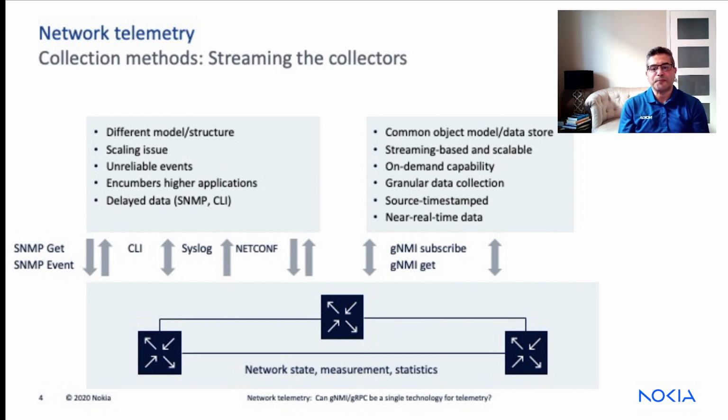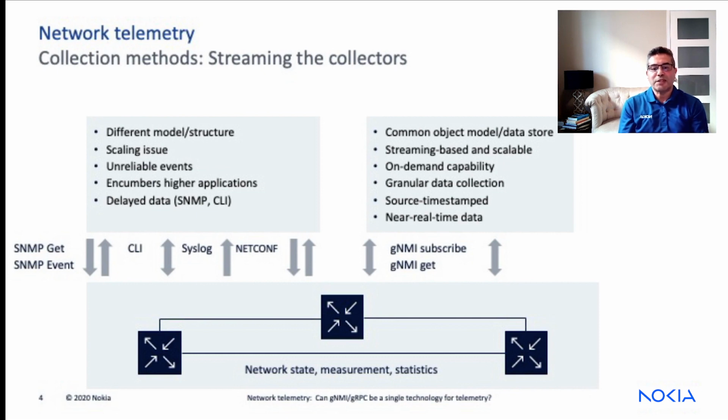So in addition to the subscription capabilities of gNMI, which provide real-time information from the network devices to the application, the gNMI GET capability can be used to address on-demand data retrieval, which is necessary in some cases such as troubleshooting or pre-provisioning.